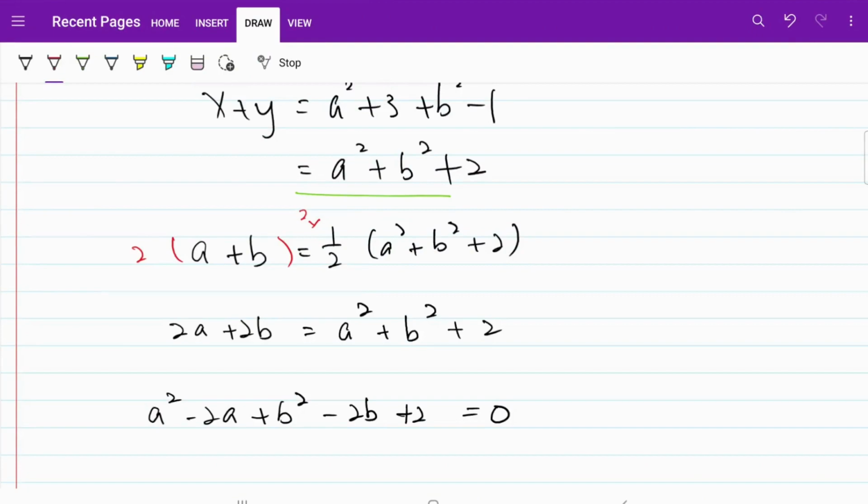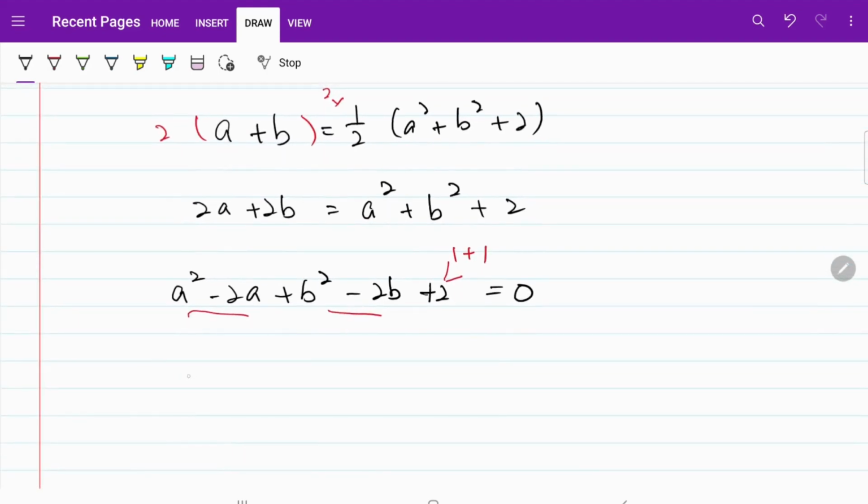If you have watched some of the previous videos in this channel, you'll notice a technique where we sometimes just break apart a constant to suit us in terms of our factorization. So this is what we are going to do here. Instead of writing it as 2, I'm going to break it into 1 plus 1. From there, I'm going to slot each one into our individual quadratic expression here and here. So how does this look like?